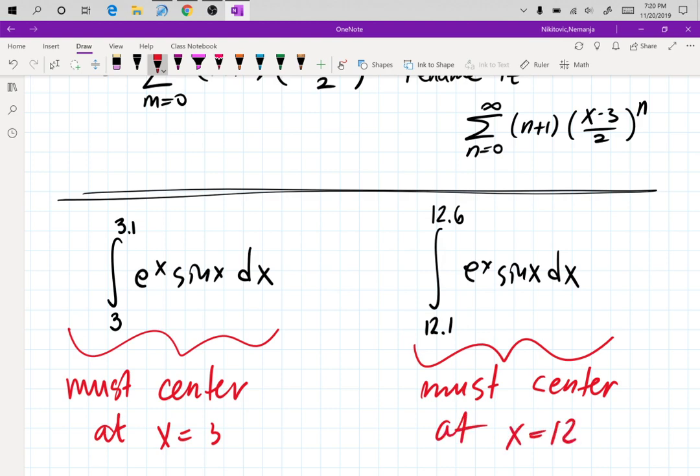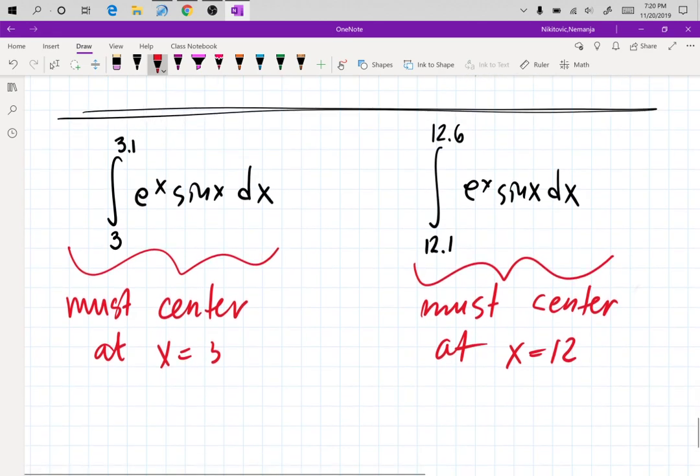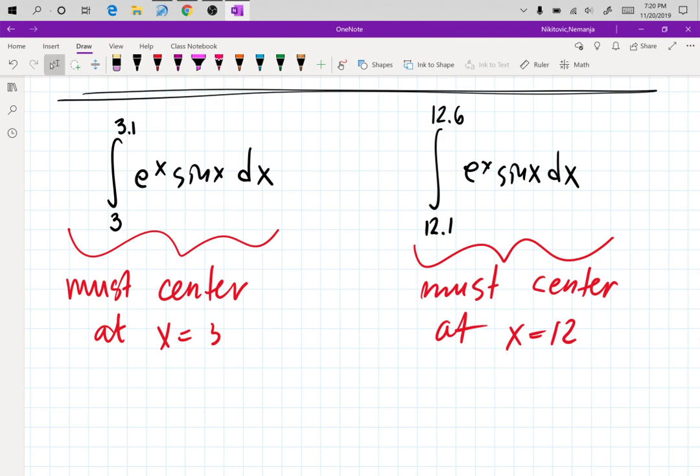You can center at 12.5 or whatever, but it has to be centered in that neighborhood. You cannot use your vanilla e to the x and sine x from the chart. Because, I mean, you do use them, you just put x minus 3 for x.